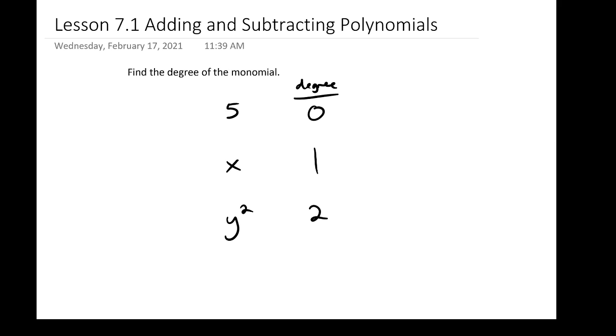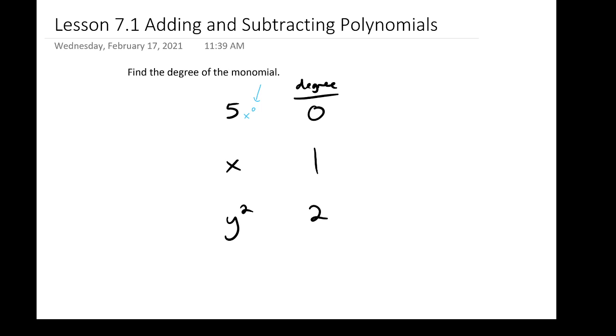Now here's the rule, and I think kind of the shortcut for finding the degree. When we have the number 5, what's not written but implied is that this is like 5 times x to the 0 power. That 0 is your degree. It has to do with the highest exponent that is expressed.